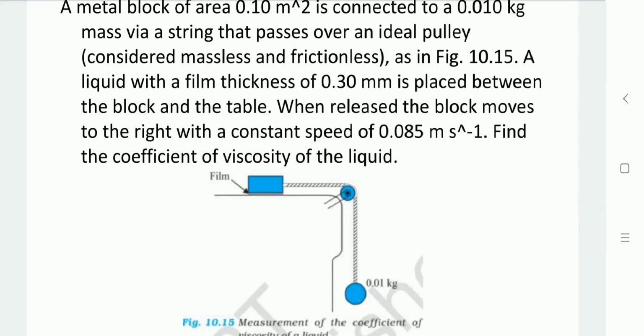A liquid with a film thickness of 0.3 millimeter is placed between the block and the table. When released, the block moves to the right with a constant speed of 0.085 meter per second. Find the coefficient of viscosity of the fluid.